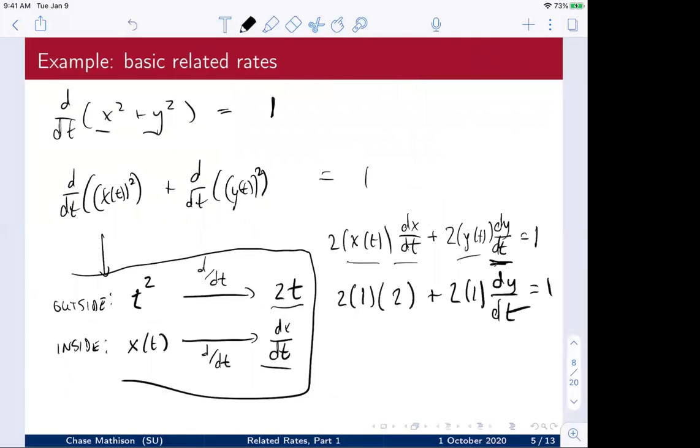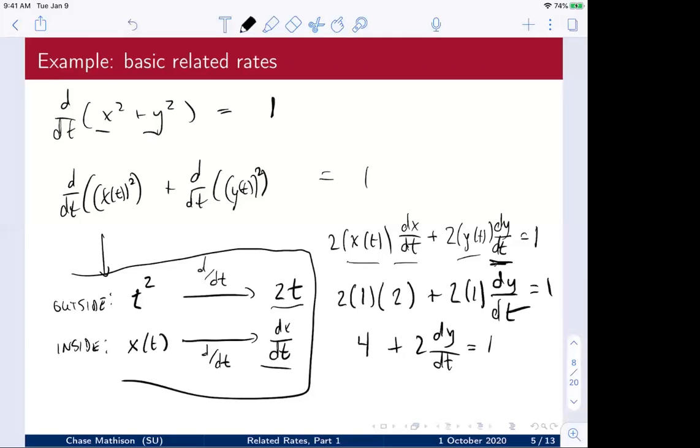Okay. So from here, now I have an equation that only has a dy/dt. So what should we do? Yeah, just solve it, right? So 2 times 1 times 2, that is 4, plus 2 times 1 times dy/dt, well, that's 2 times dy/dt, is equal to 1.